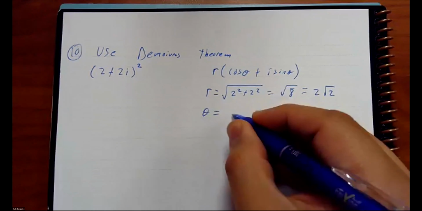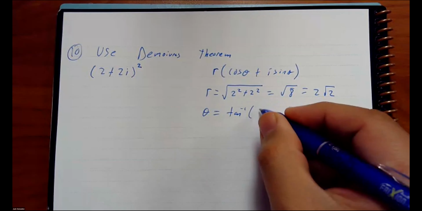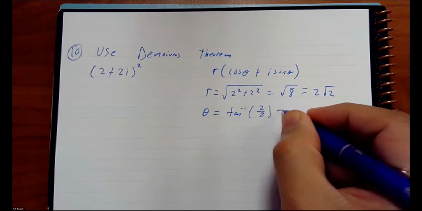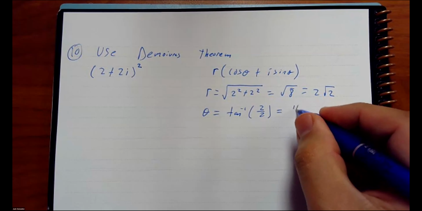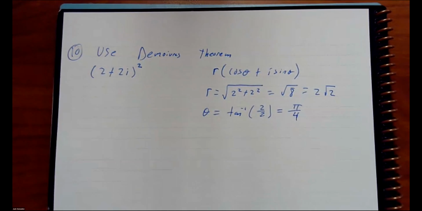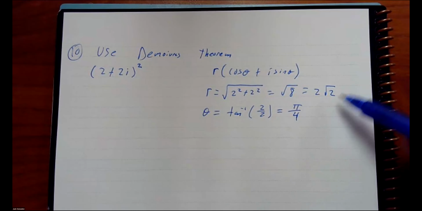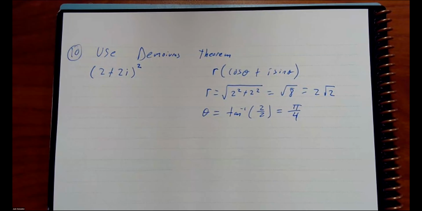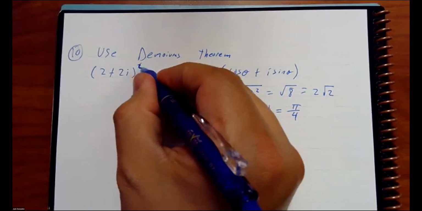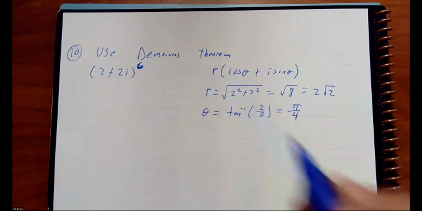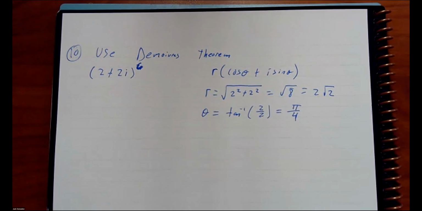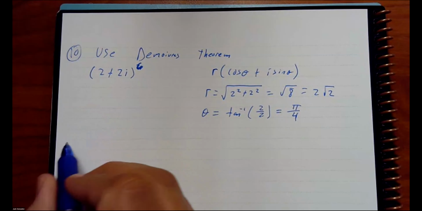Theta is obviously going to be tangent inverse of 1, which is pi over 4. We did this earlier. This is supposed to be a 6, so change this.